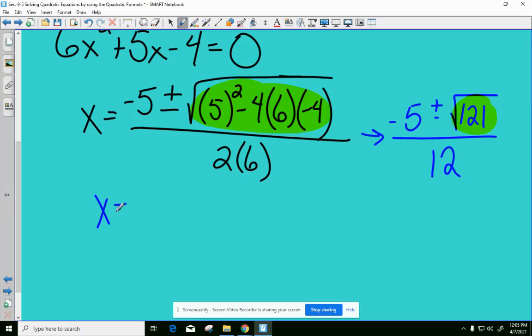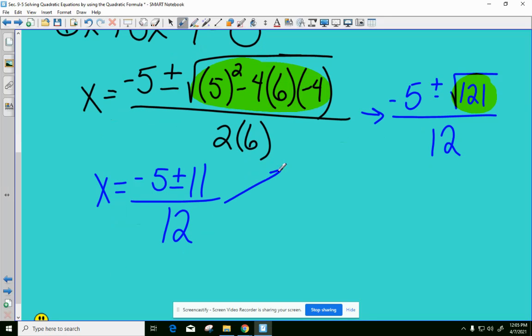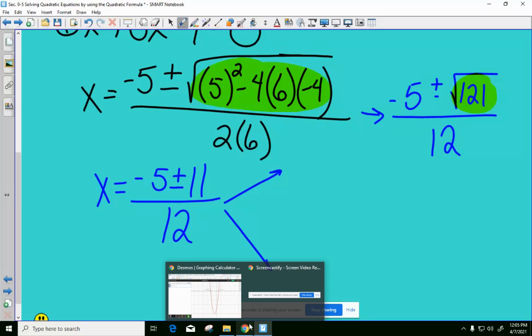So I'm now at the statement that says x is equal to -5 plus or minus 11 divided by 12. Square root of 121 is 11. Or the square root of 121 is -11. So that's how I end up with two different answers.